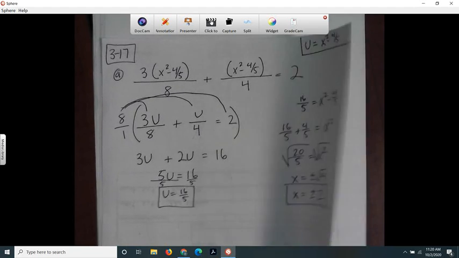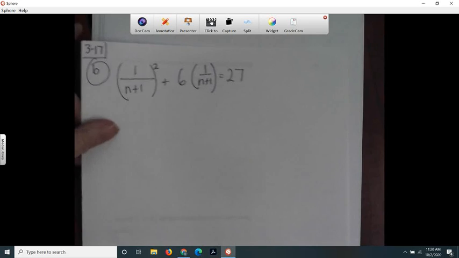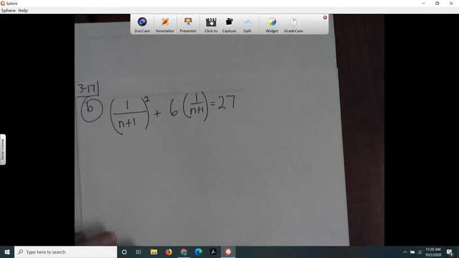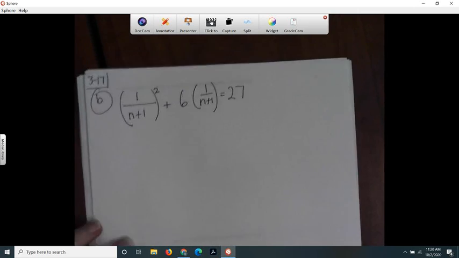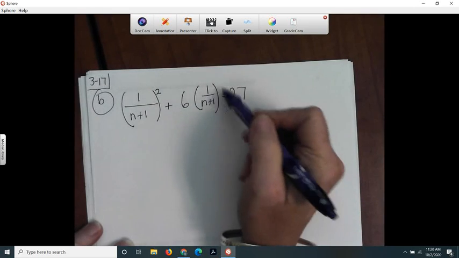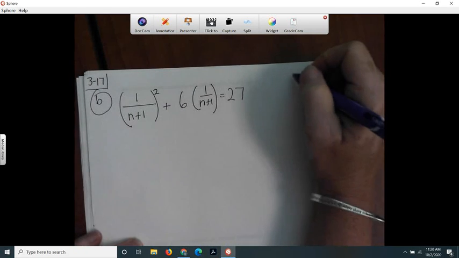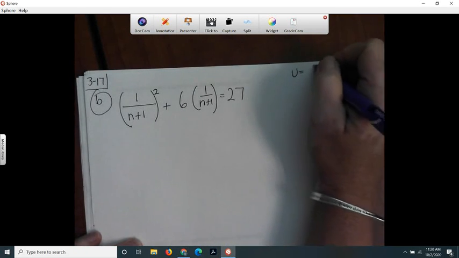Maybe we can go a little faster for letter B. So what do we want to use for U on letter B? We want to use the piece that keeps repeating. So we're going to say it's 1 over n plus 1, put it in a box.